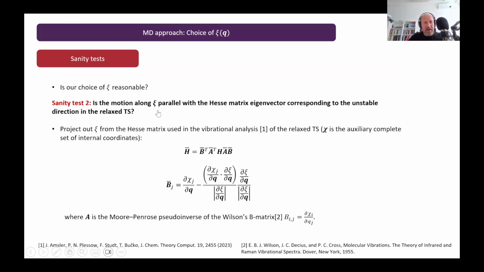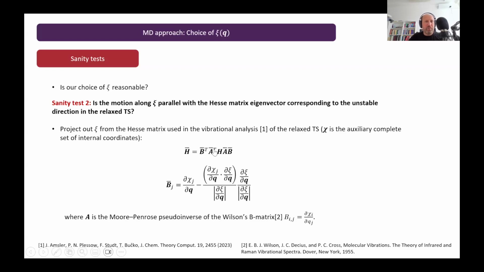Another quick test that I make, utilizing the static approach results, is the one where I check if the motion of xi is parallel with the Hesse matrix eigenvector corresponding to the unstable direction in the relaxed transition state. All I need here is the OUTCAR file from the vibrational analysis and the definition of xi in ICONST file format.